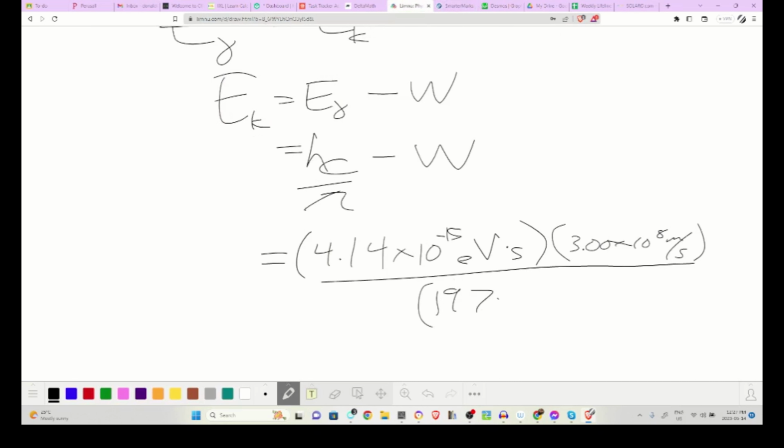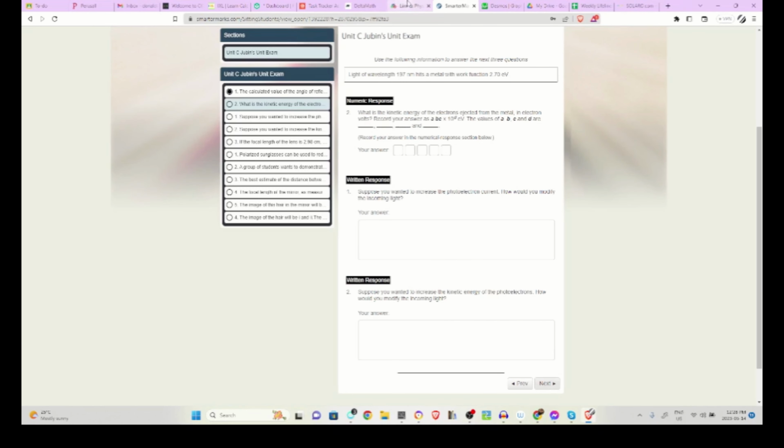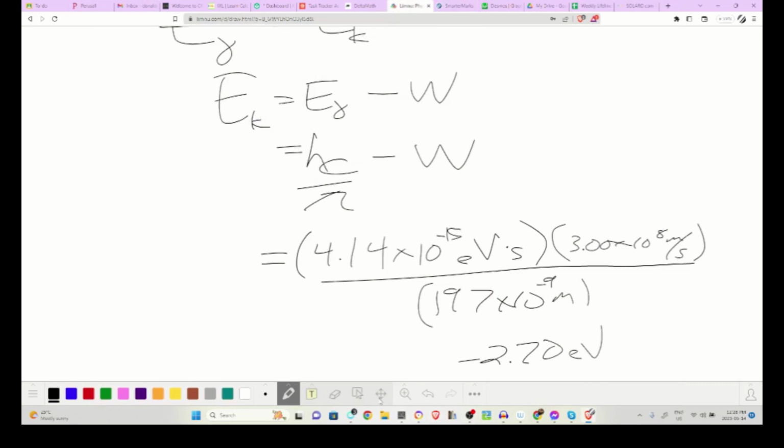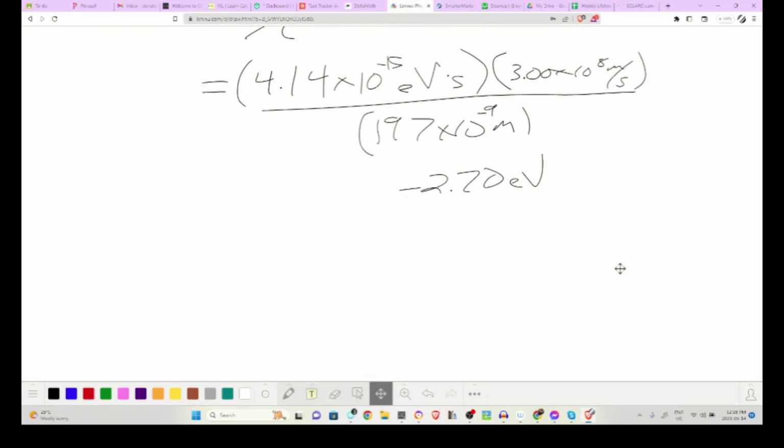So 197 times 10 to the negative 9 meters. And from that we subtract our work function, which I think was 2.70 eV. It was.